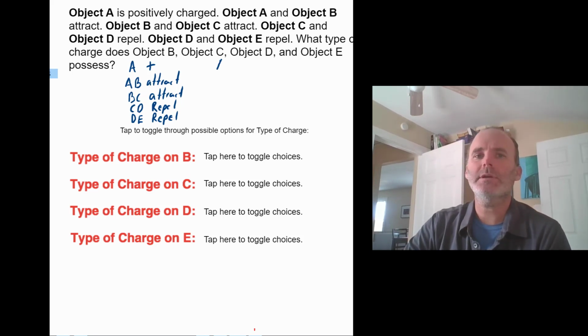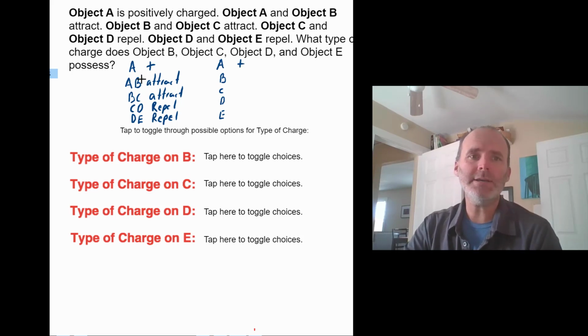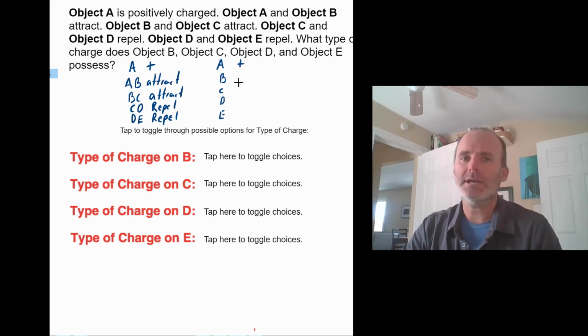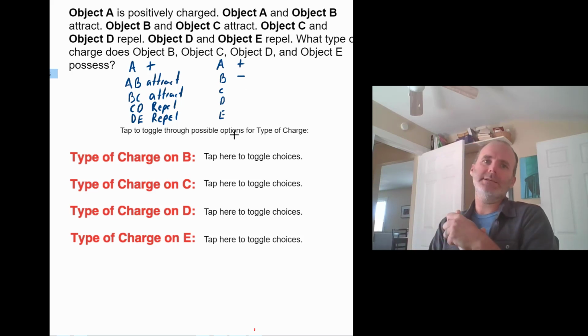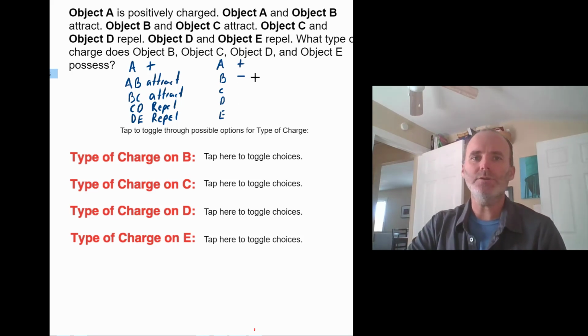So here, let's see what the charge is of all of these. A is given, so we have A is positive. Now it says A and B attract. Well, opposite charges attract, so a negative attracts. But what also attracts is neutral.